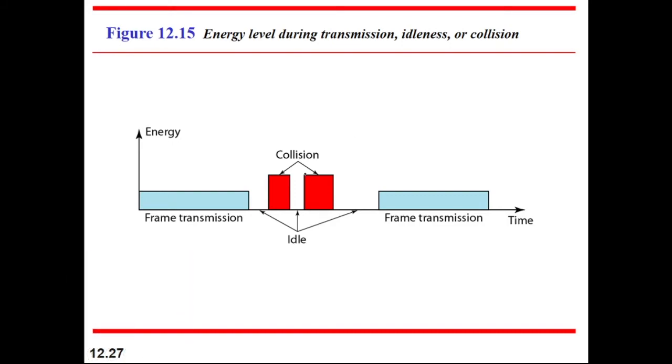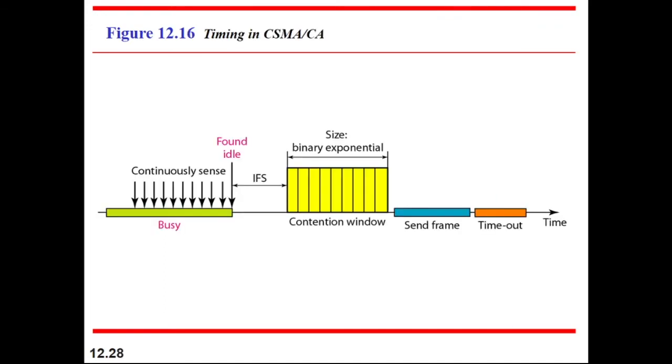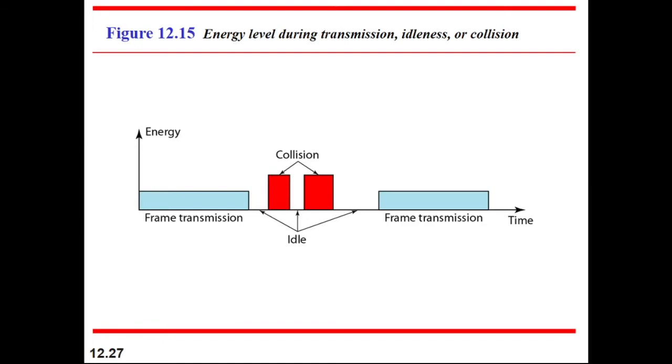When the collision is going on, the channel is much more busy, and after that the frame transmission goes on again. So this is the energy level during transmission, idleness and collision. This is carrier sense multiple access with collision detection.